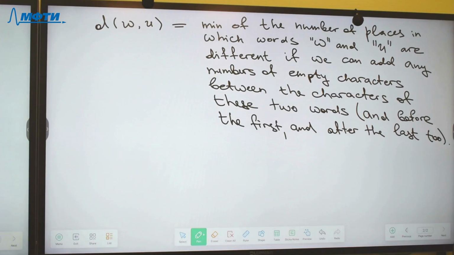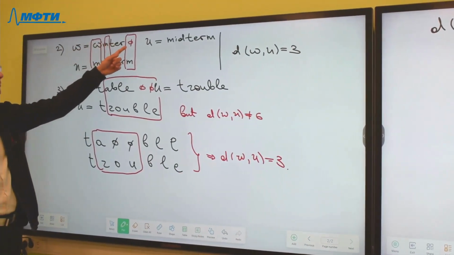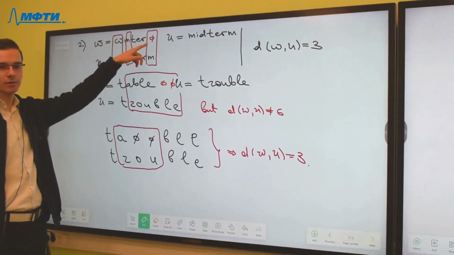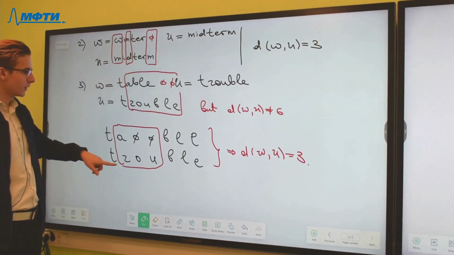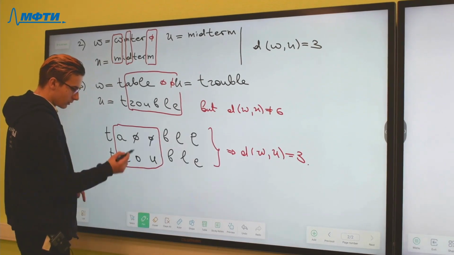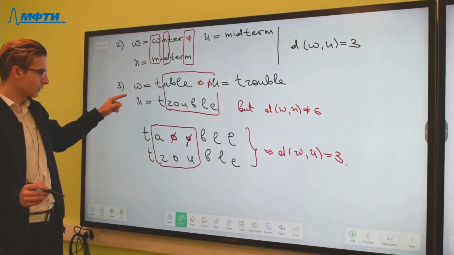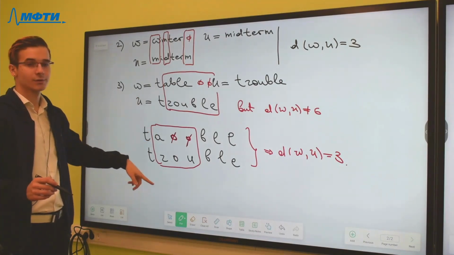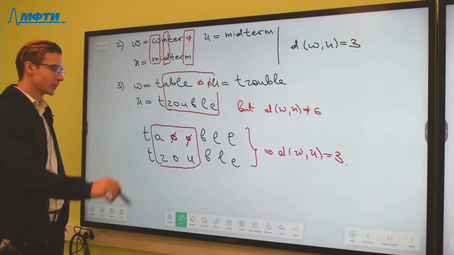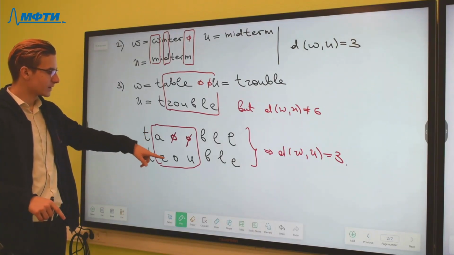For example, we see that in this example we add one empty character in the first word after the last character, but here we add two empty characters into the word. So we can add it in each place to minimize the places where they're different.